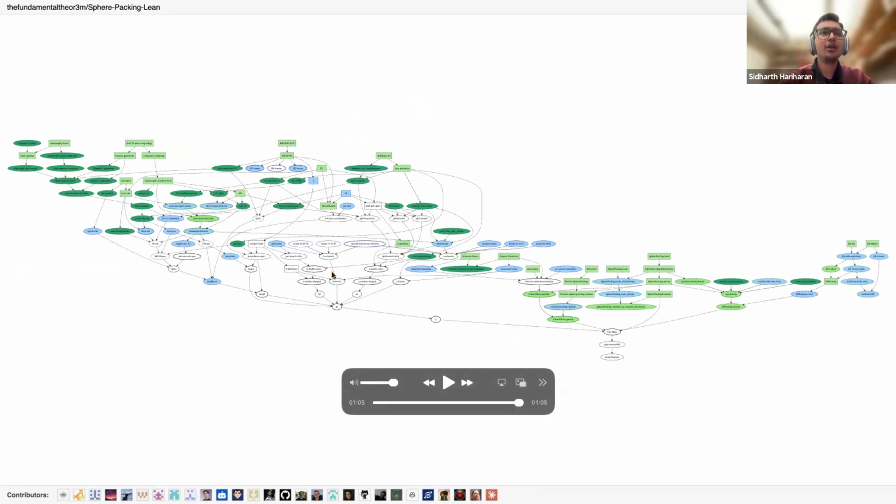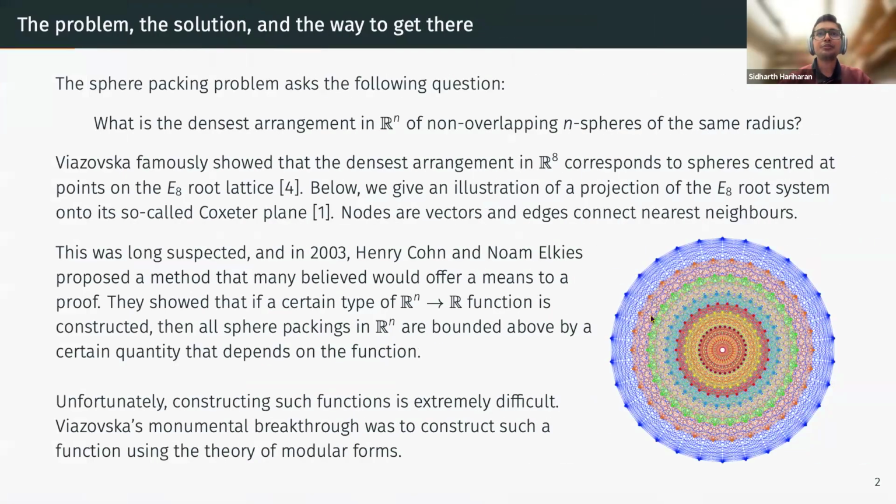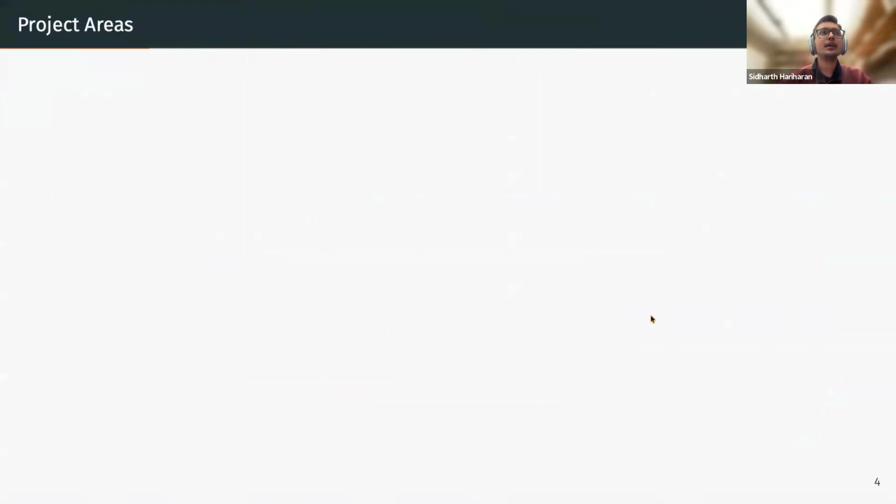And I don't think we've actually made too many changes to the blueprint since the 18th, which was 3 days ago. So there's a fair amount of green, but there's also a fair amount of white. So there's a lot of work that still needs to be done. This is very much an active project, and we will outline in this talk ways for people to get involved.